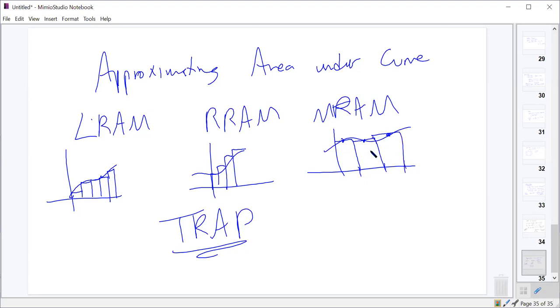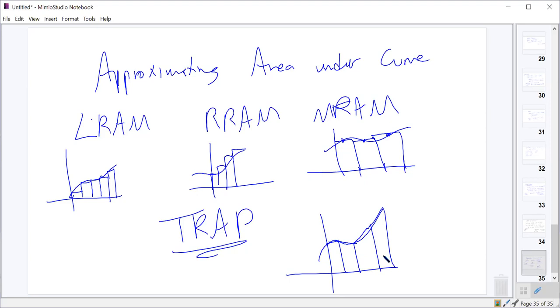Obviously, midpoint is more accurate than the left and the right. And for the trapezoidal one, you make trapezoids out of it. From here to here, make a trapezoid. From here to here, make a trapezoid. And that's better than the left and the right as well.